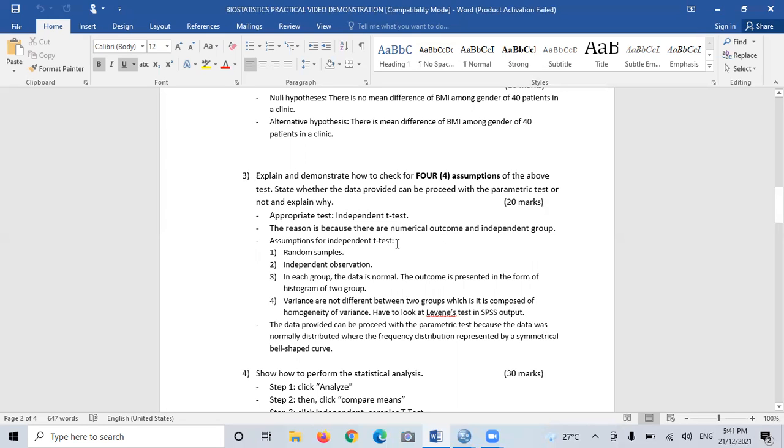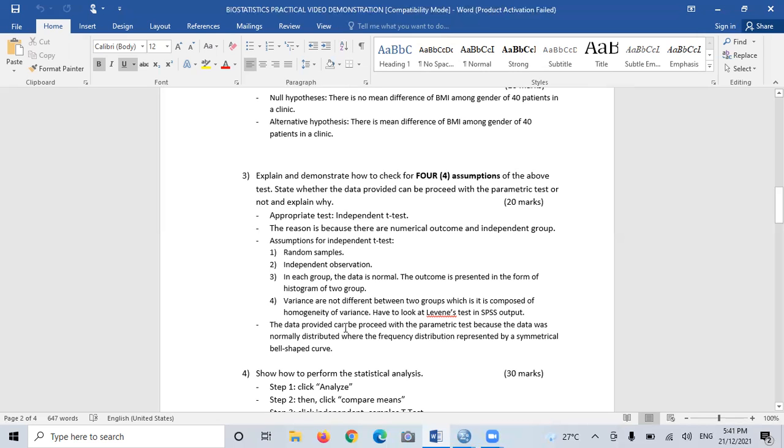The assumptions for the independent t-test are 4: random samples, and independent observations. In each group, the data is normal. The outcome will be represented in the form of a histogram for the 2 groups. And the variances are not different between the 2 groups, which is homogeneity of variance, and we have to look at the Levene's test in the SPSS output.